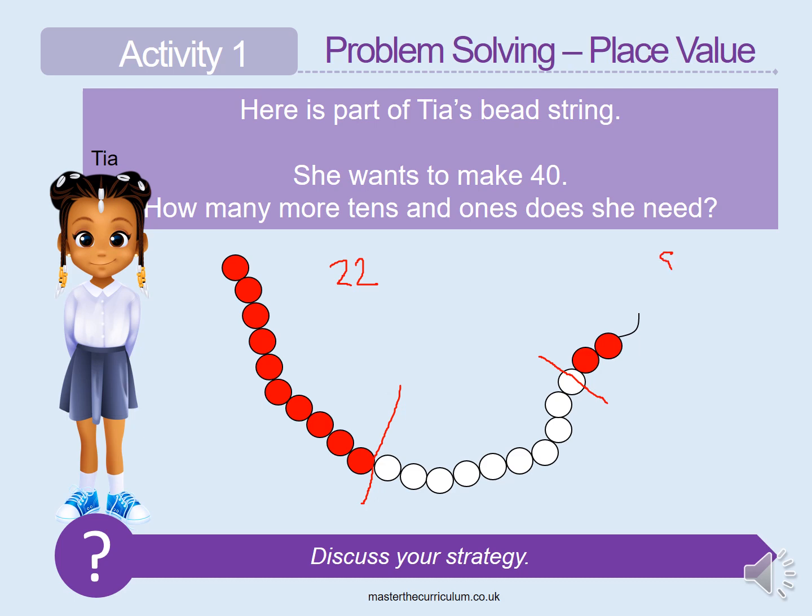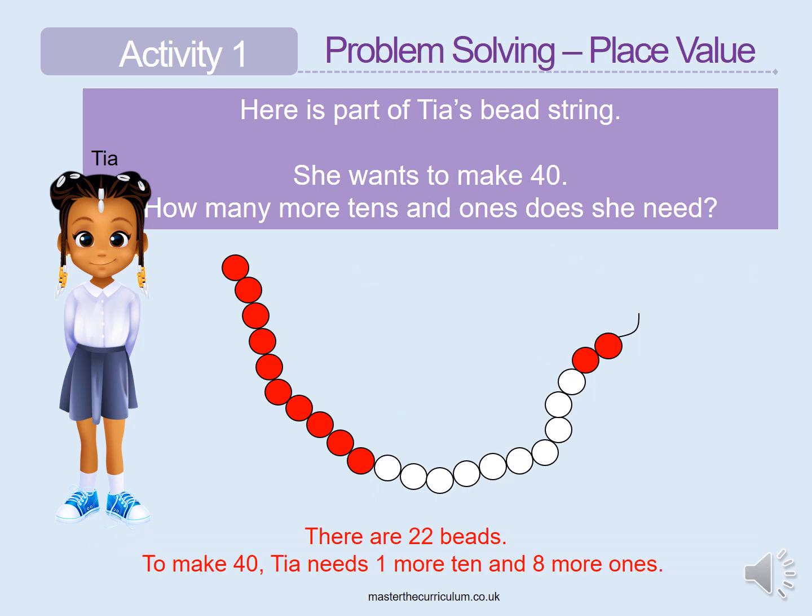So that means I am adding 8 1s. And then the jump from 30 to 40 with my place value is 1 10. So Tia needs 1 10 and 8 1s to make 40. There's an explanation there for you.